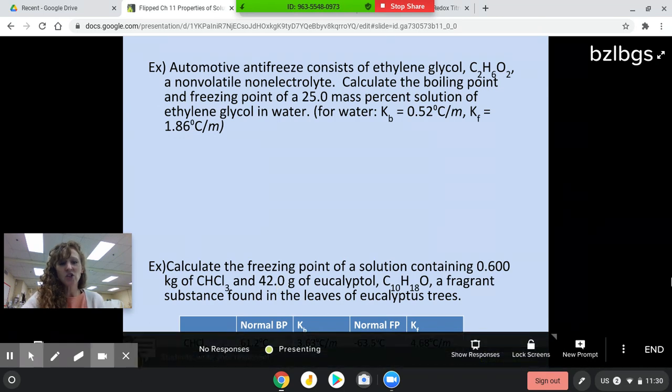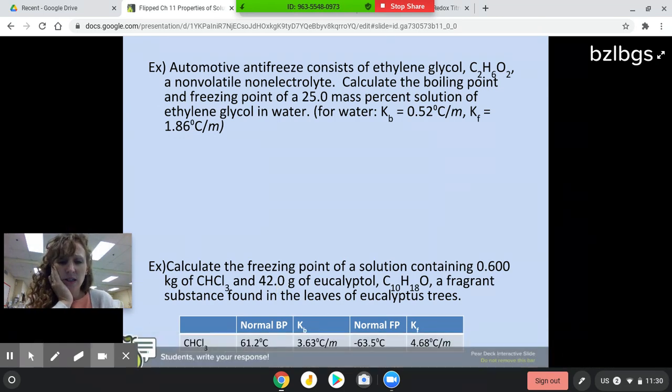All right, let's try, hold on, let's try one of these. But is there one where we can avoid finding molality? Oh, the first one's kind of obnoxious because you have to convert mass percent into molality.